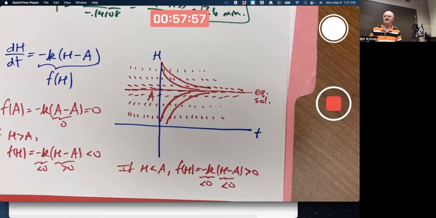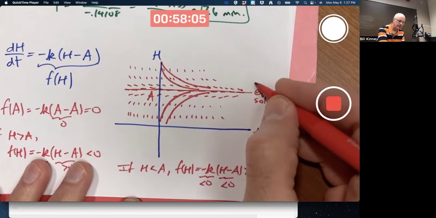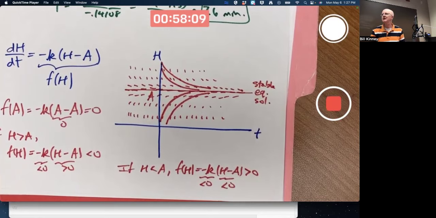When solutions move toward an equilibrium solution nearby, it's called, in fact, not just an equilibrium solution, but a stable equilibrium solution.